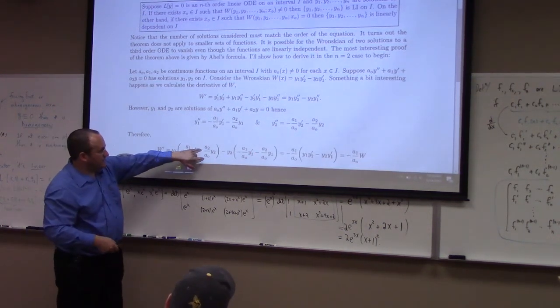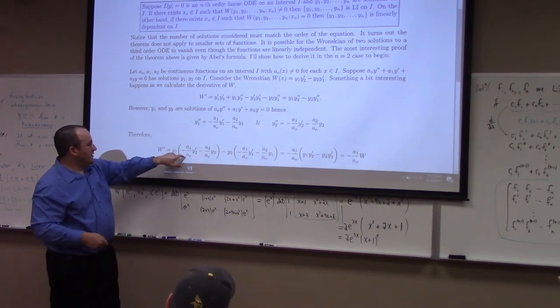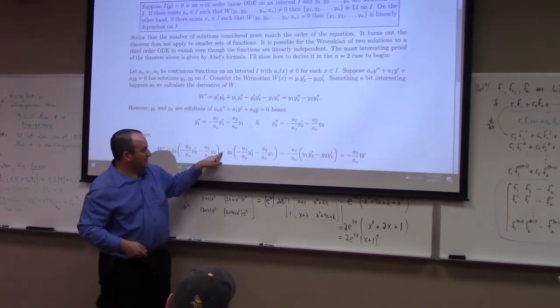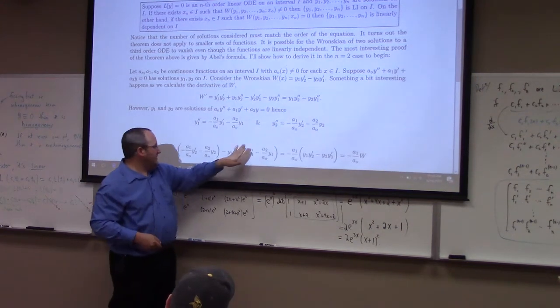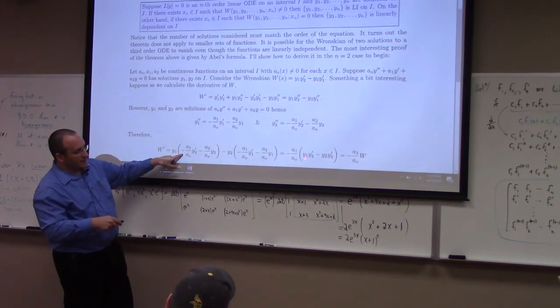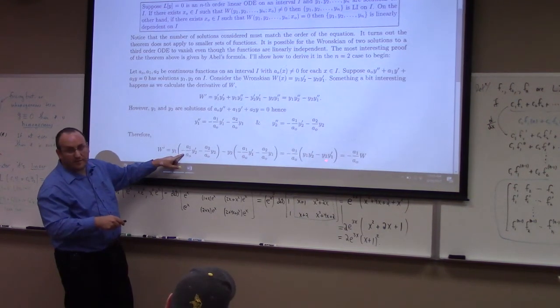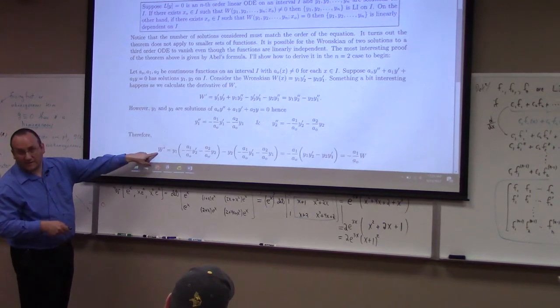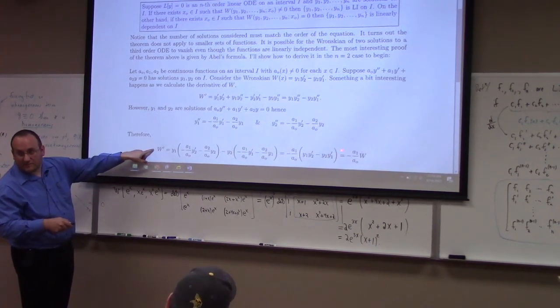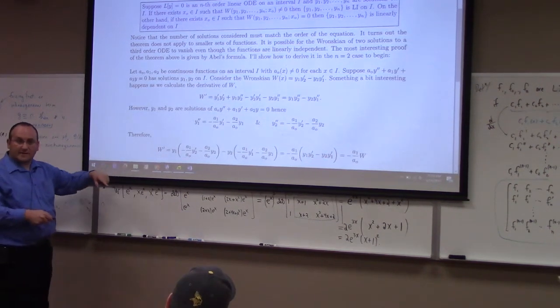We get y1 y2 minus y2 y1, same coefficient, but minus minus gives me plus. So this piece and that piece cancel, and I'm just left with minus a1 over a0 times y1 y2 prime minus y2 y1 prime. But that's the Wronskian again. So what we find is that the derivative of the Wronskian is proportional to the ratio of the coefficient functions, a1 and a0, times the Wronskian again.